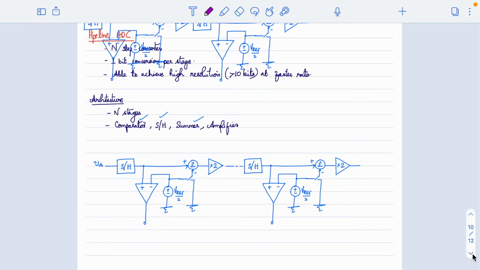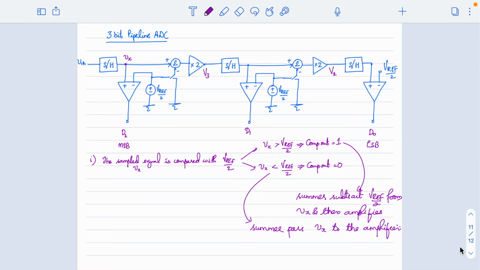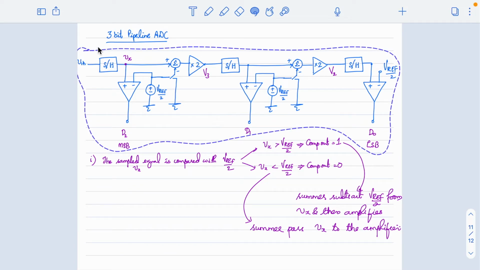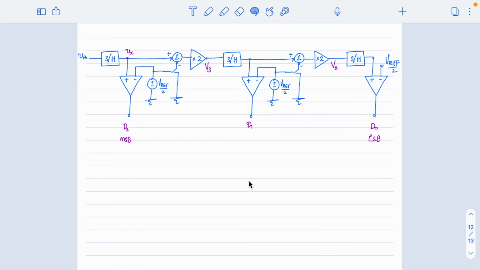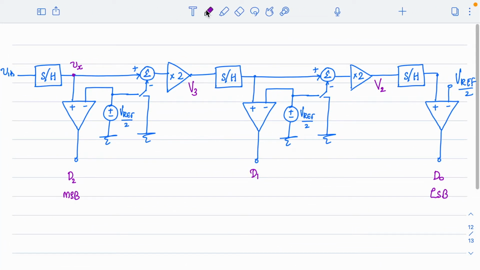Now we will look at a specific example of this 3-bit ADC and see how we can understand the operation and generate the output voltage. For that, I will take the same architecture and keep it here. This is a 3-bit pipeline ADC. I'll keep the reference voltage as 5 volt.